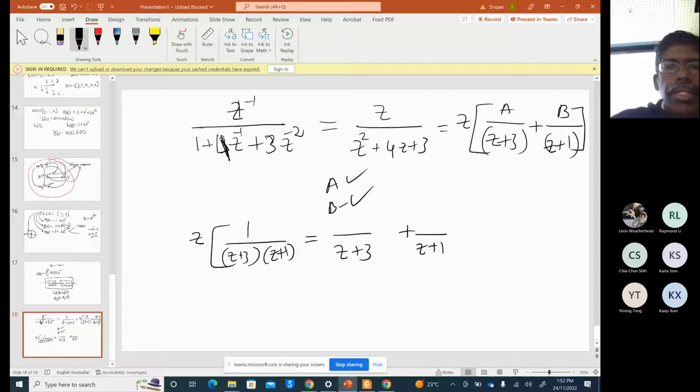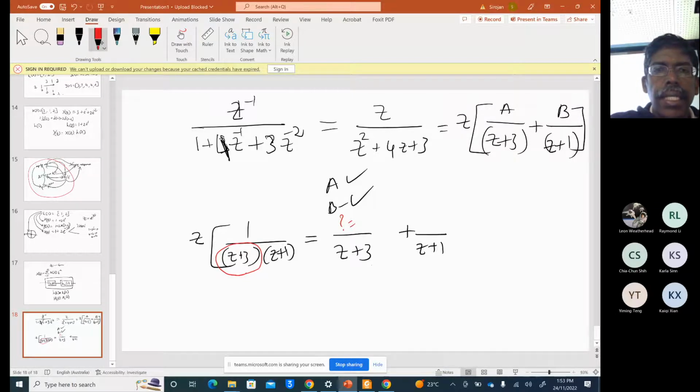For this one, you cover up this factor and substitute whatever makes the covered factor 0. So z equal to minus 3. Replace z equal to minus 3 here.